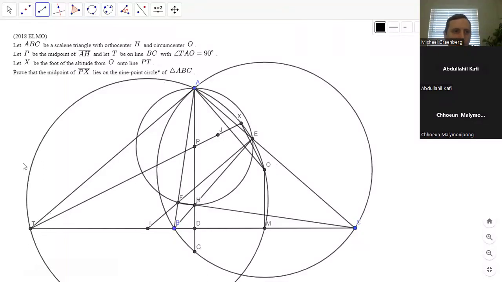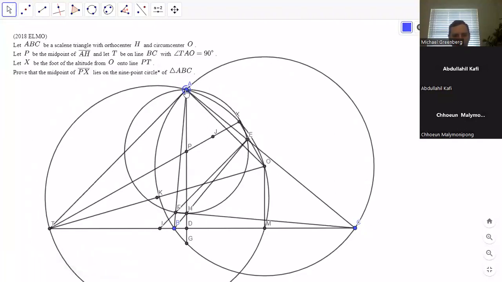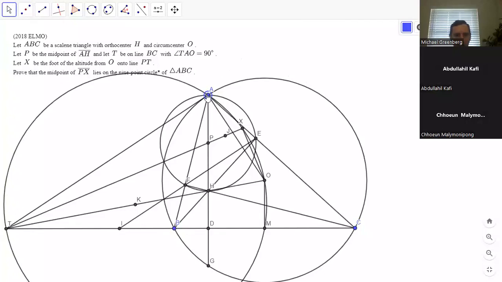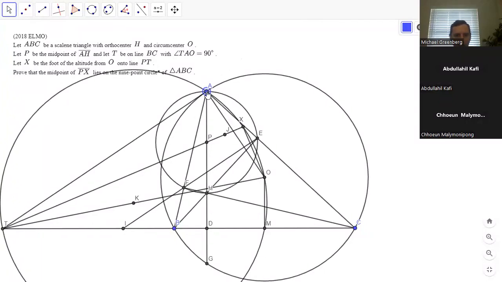So we know OT is like a diameter of this circle. So the center of this circle will be the midpoint of OT. And I wonder if KI is perpendicular to BC. I think it is. Maybe not. Yeah, it's not true. Okay.